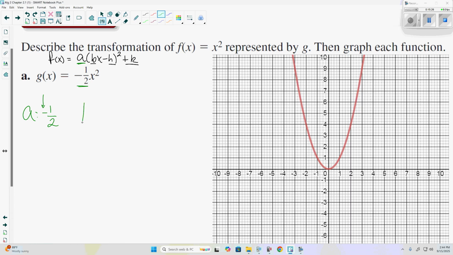Because A is negative, we have a reflection across the x-axis. The negative is purely talking about the reflection. It has nothing to do with the vertical stretch or shrink. The negative is the reflection. Our value, the 1/2, is our stretch or shrink.